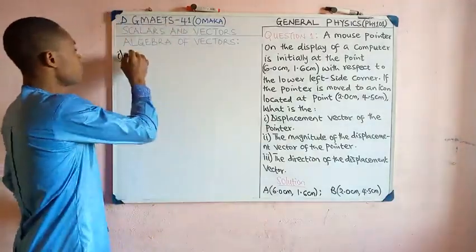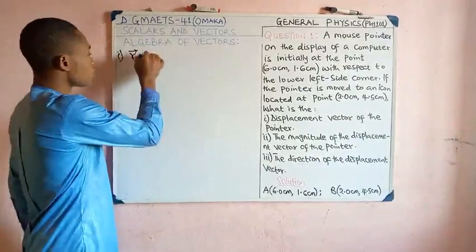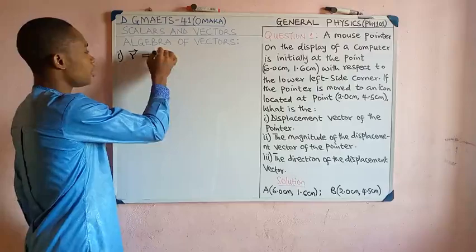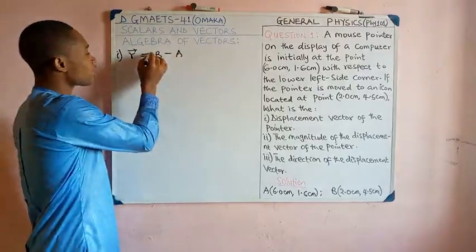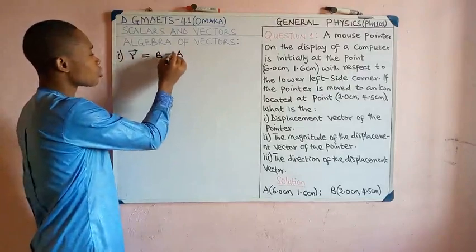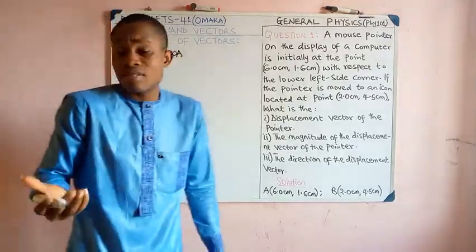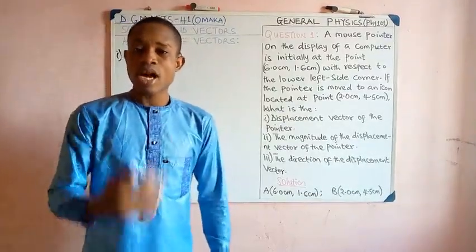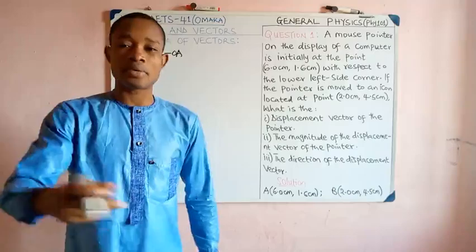So let us see. Permit me to use this as our displacement vector for the pointer. So it's going to be the final position B minus the initial position A. If I want to put O, I can say, okay, let this be OB and then minus OA, where O is just the origin, let me fix it up, okay? But I can still simply say B minus A. That O there represents the origin, and the origin has the coordinate 0, 0.